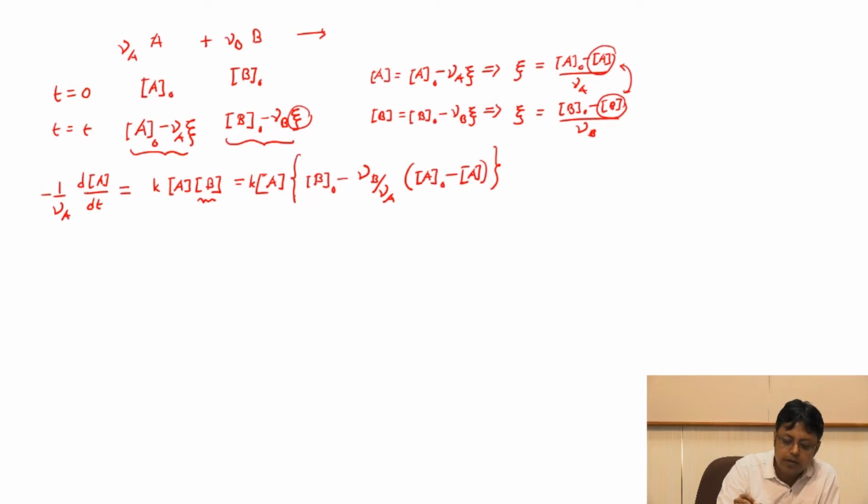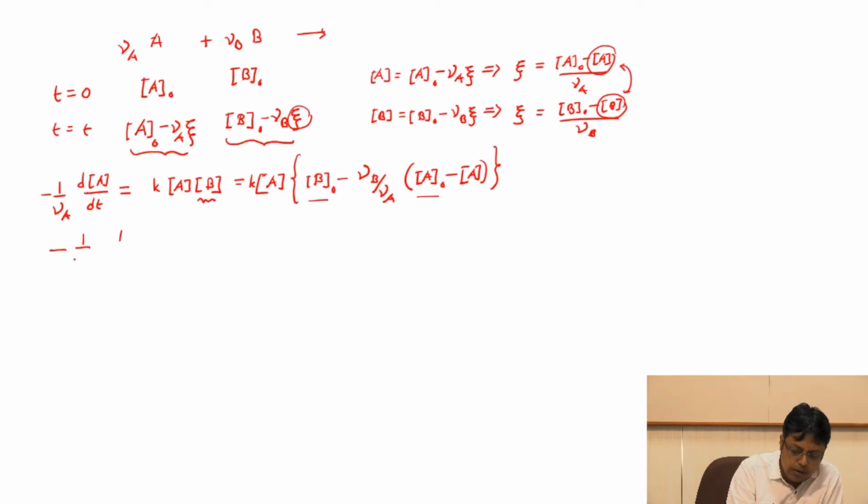So now I have an equation which depends only on a. Remember that b0 is a constant, just like a0. So b0 is not a problem. So now I can rearrange the terms and then try to integrate. And then let us see how to do this integration.